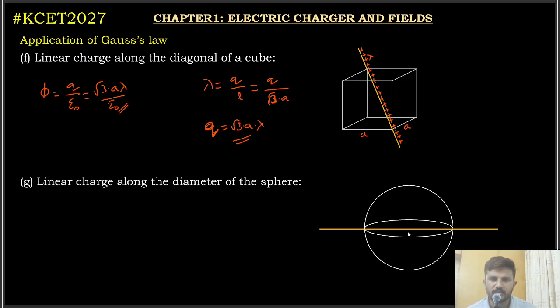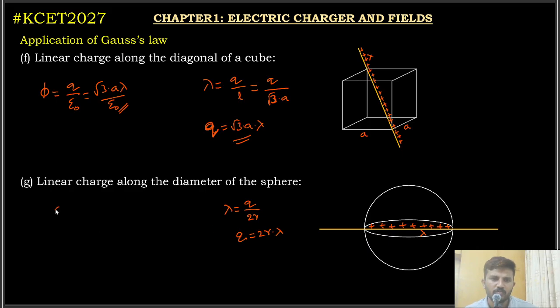Next case: if I consider the linear charge distribution in it of density lambda, how do you calculate the linear charge density? That is just total charge divided by length. The length is 2 times the radius, so that is the diameter. Q is equal to 2r lambda.